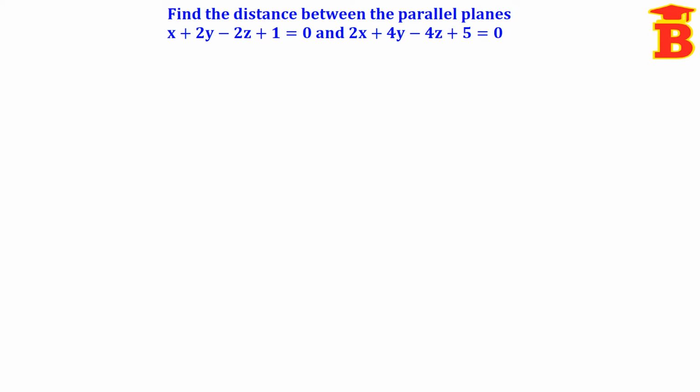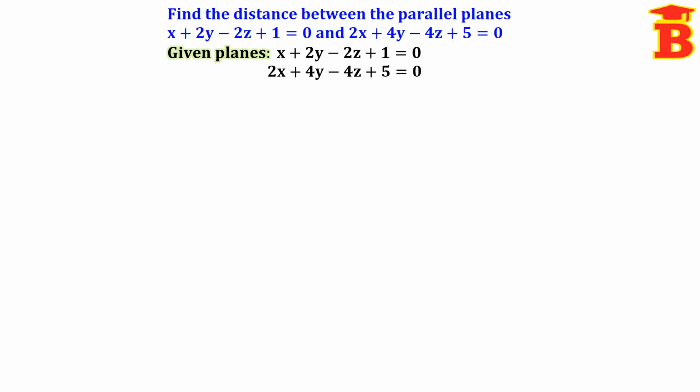Next problem. Find the distance between the parallel planes x plus 2y minus 2z plus 1 equal to 0 and 2x plus 4y minus 4z plus 5 equal to 0. So the given planes are, first plane x plus 2y minus 2z plus 1 equal to 0 and second plane 2x plus 4y minus 4z plus 5 equal to 0.